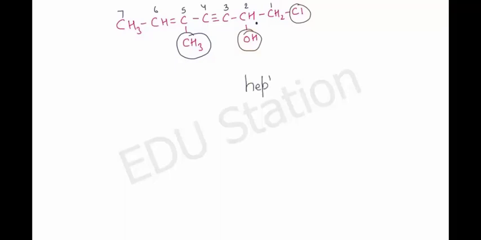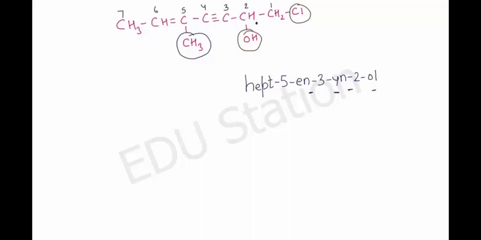Now you have double bond as well as triple bond. So you first write double bond, hept-5-ene-3-yne-2-ol. Y is considered a vowel, so this E gets cancelled out. O is a vowel, so this E gets cancelled out. Hept-5-en-3-yn-2-ol.